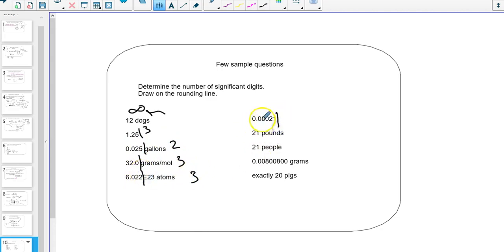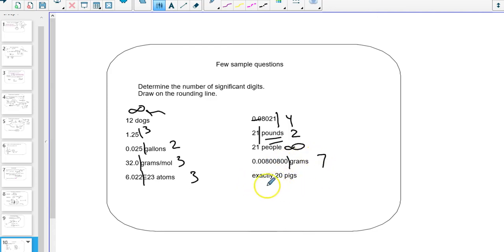Right here, and these guys don't count. 1, 2, 3, 4. Runs out right here. That pound is a measured value, so that cannot be infinite. So it's 2 sig figs. 21 people, that would be more like an infinite. This guy here, my tool runs out right here. So 1, 2, 3, 4, 5, 6, 7, 7 sig figs.